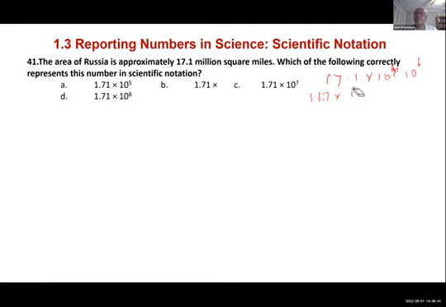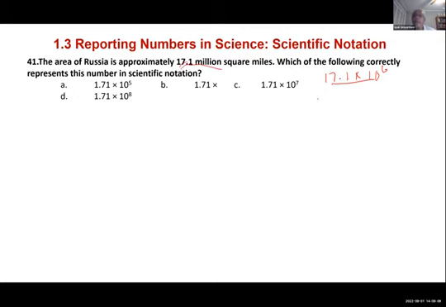This is not right, I can erase that. Okay. 17.1, million. How many zeros does a million have? 6 zeros. So this is this number.